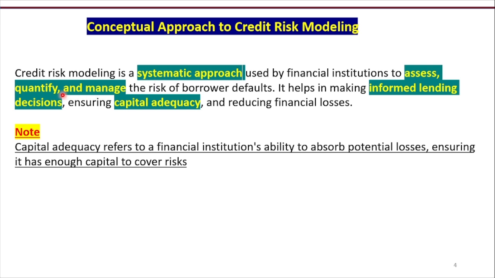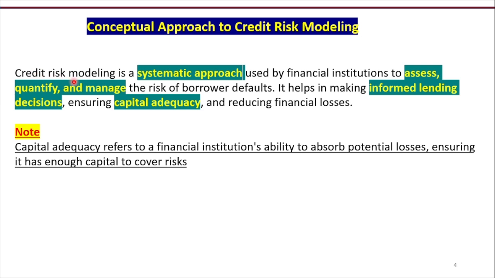Credit risk modeling is a systematic approach used by financial institutions to assess, quantify and manage the risk of borrower defaults. It helps in making informed lending decisions, ensuring capital adequacy and reducing financial losses. It's a very simple definition.